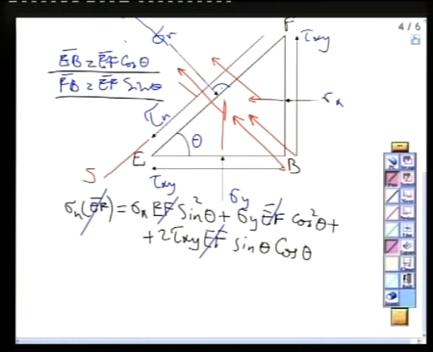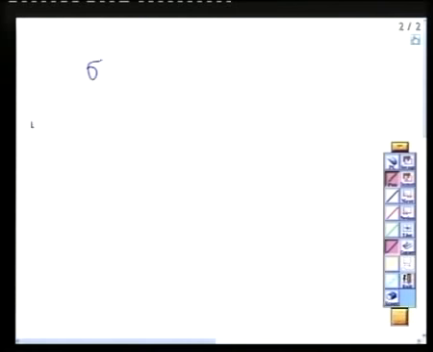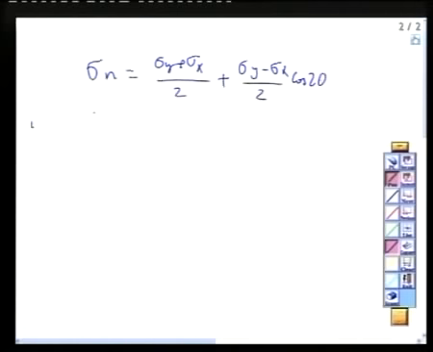Or we can end up with the final one, which is sigma n equals sigma y plus sigma x divided by 2, plus sigma y minus sigma x divided by 2 cosine 2 theta, plus tau xy sine 2 theta.